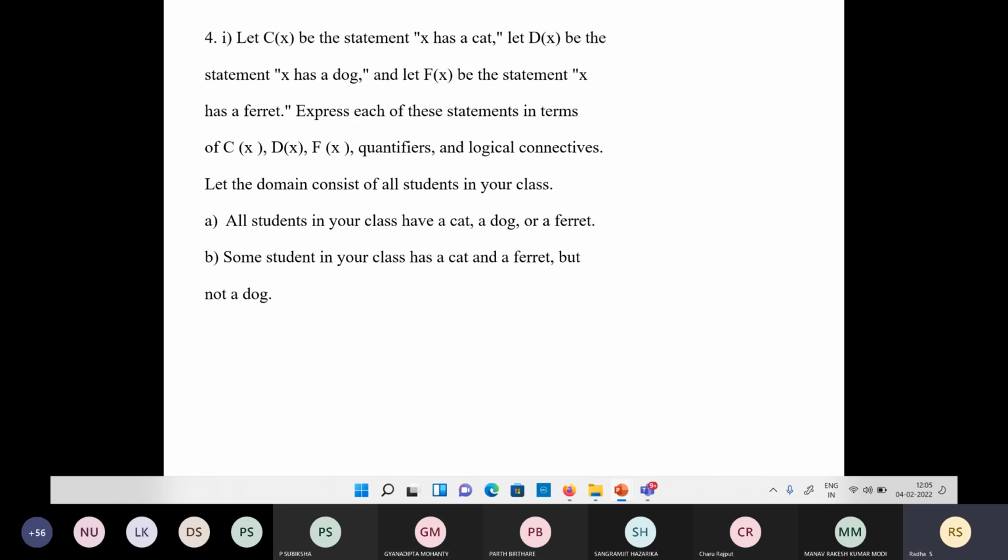Let C of x be the statement x has a cat. D of x be the statement x has a dog. And F of x be the statement x has a ferret. What do you mean by ferret? Just Google and tell me what is ferret.